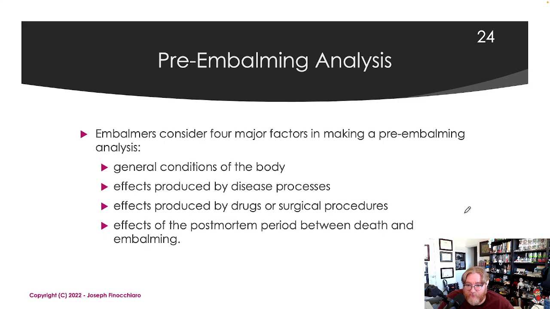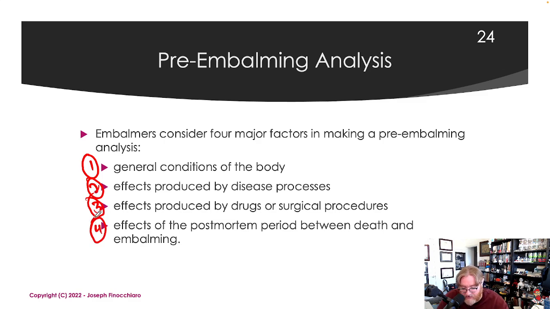Embalmers consider 4 major factors in making a pre-embalming analysis. The first is the general conditions of the body. What can you visually see? 2, what effects are being produced by disease or possible disease processes? 3, are there any effects happening as a result of drugs, pharmaceutical agents, illegal drugs, or surgical procedures?